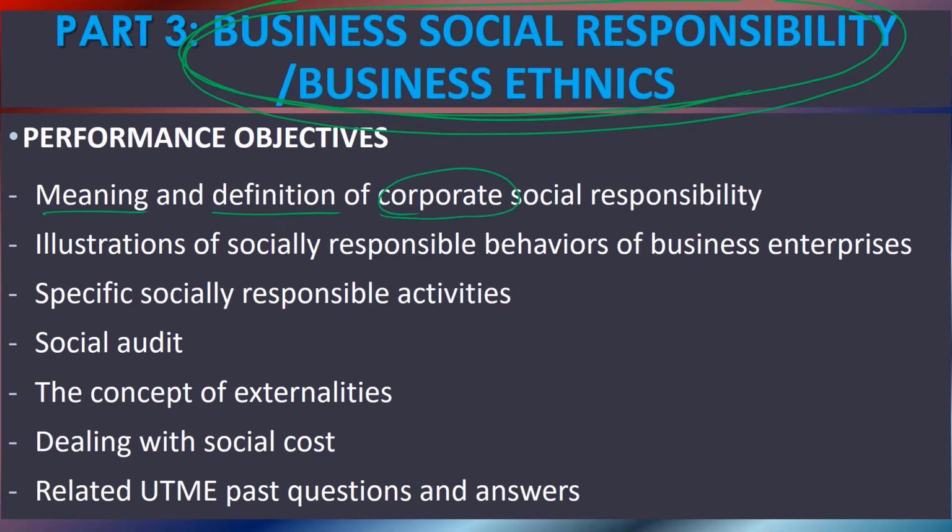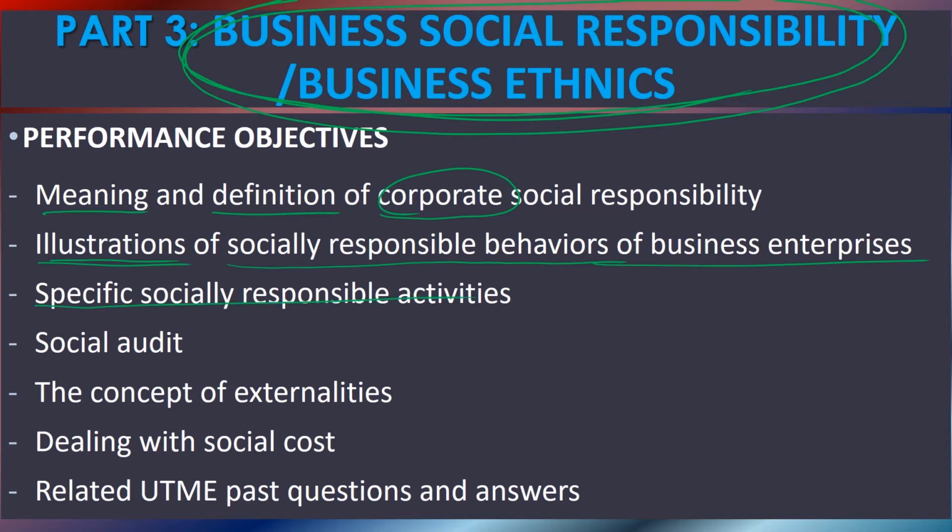The next thing is we want to understand the illustrations, the examples of socially responsible behavior of business enterprises. We also want to see the specific social responsibility activities, the core, the real point of every social responsibility of businesses.